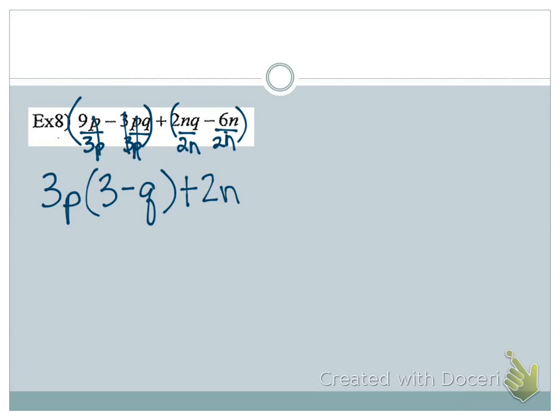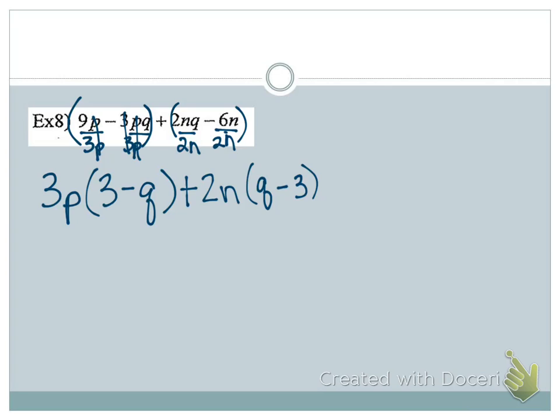So it gets written outside of its own set of parentheses. Who can tell me what's left? Keon? Good. Q minus 3.